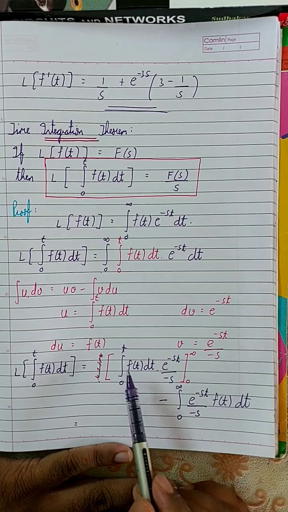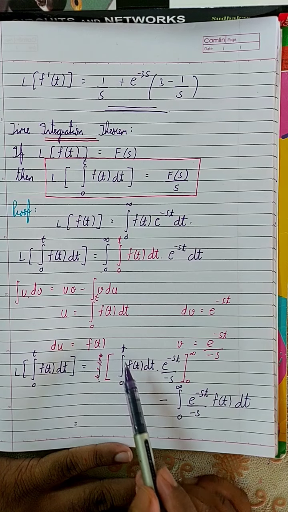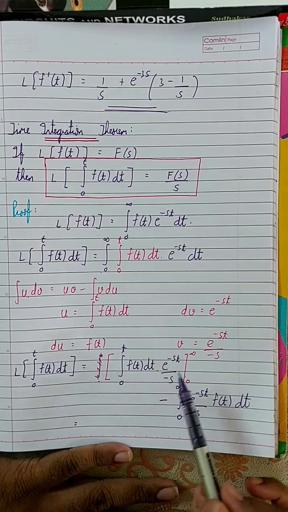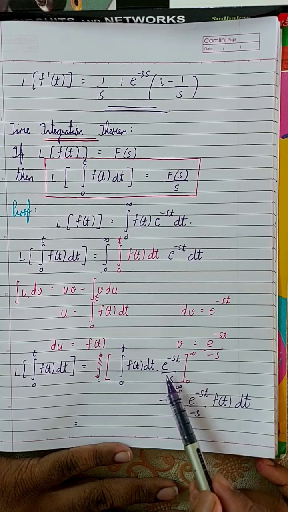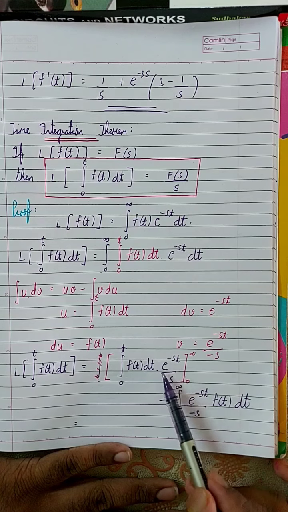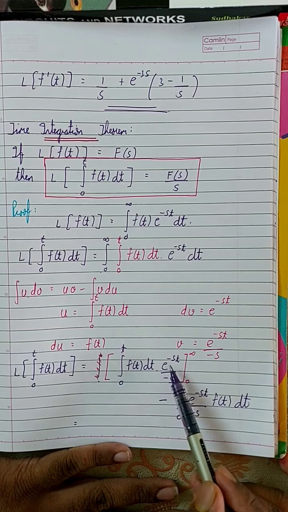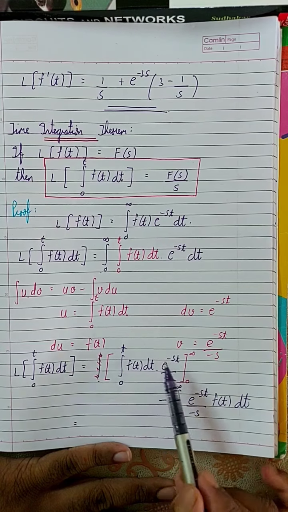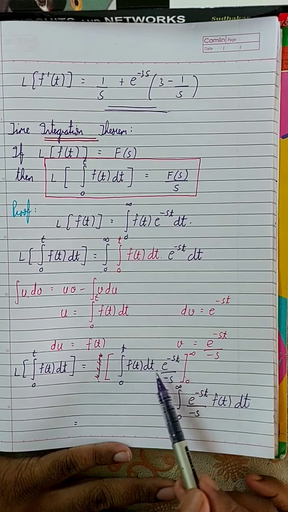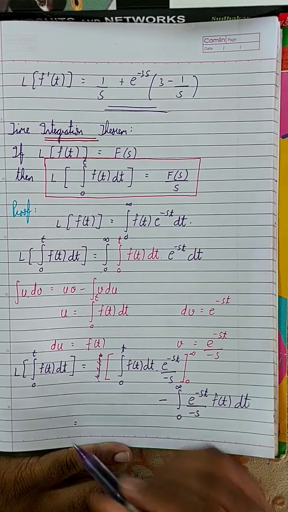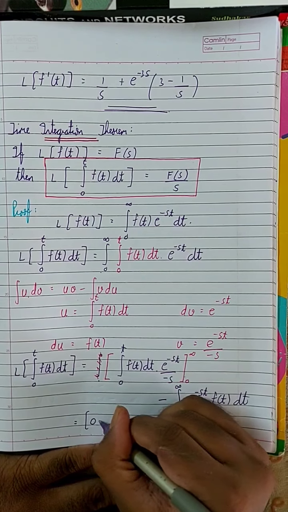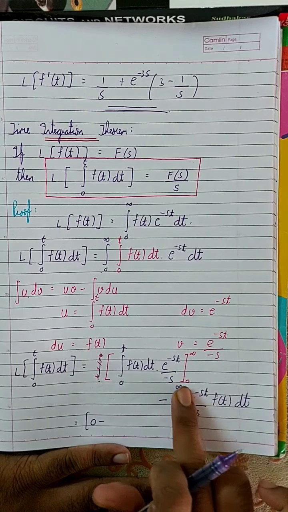This will become the integral 0 to infinity of f of t dt into e raised to minus infinity by minus s. But what is e raised to minus infinity? It is 0, which means the first term is 0. So therefore it becomes 0 minus. Now what will happen if I put t equal to 0?